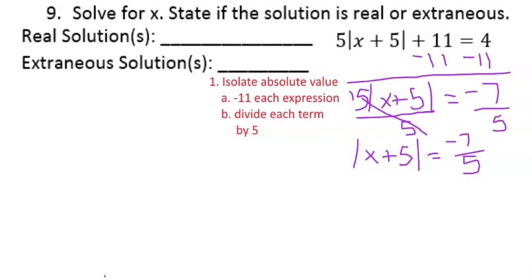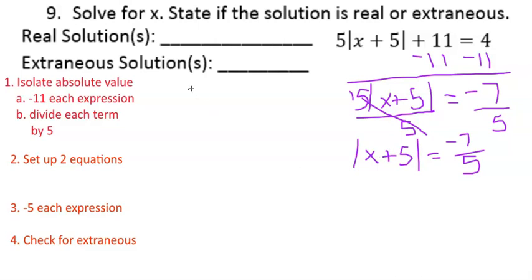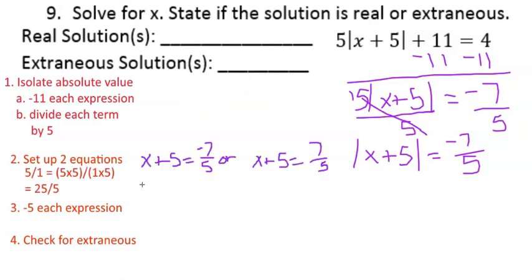So to set up our two equations, we'll have x plus 5 equals negative 7/5, or x plus 5 equals 7/5. Now from here, we want to get a common denominator.